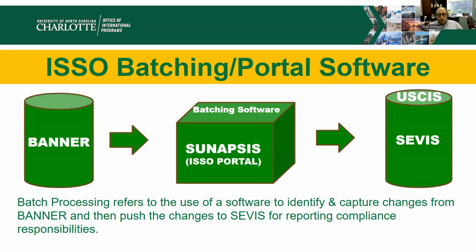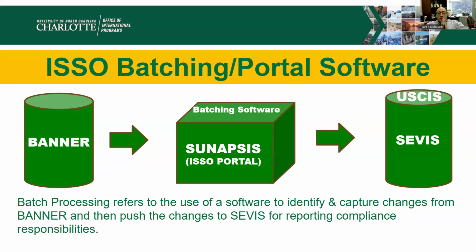How the system works: it's called a batching system, portal, software. It sits on top of Banner to capture any change in Banner and then send it to SEVIS. SEVIS is the database that belongs to the Department of Homeland Security. That's where all universities across the country have accounts in SEVIS.